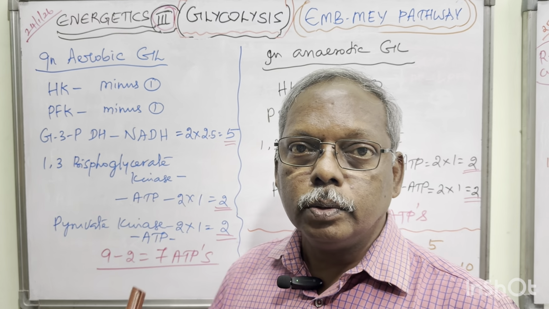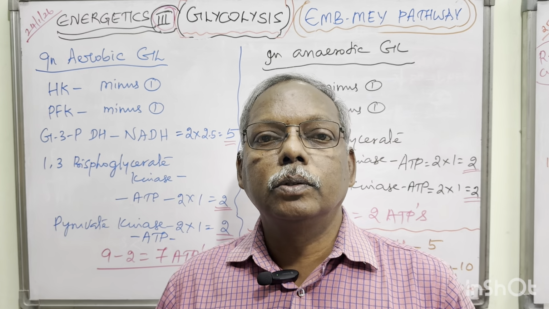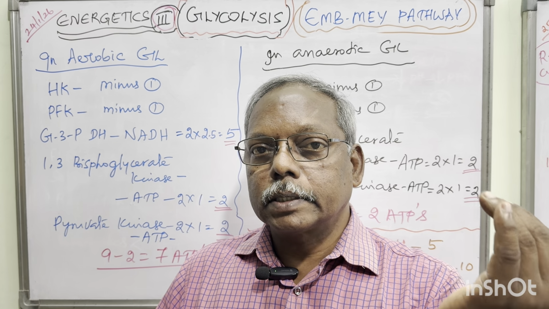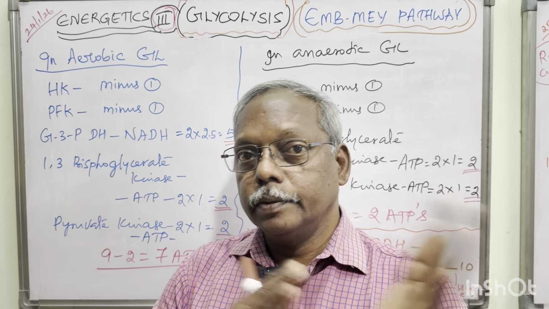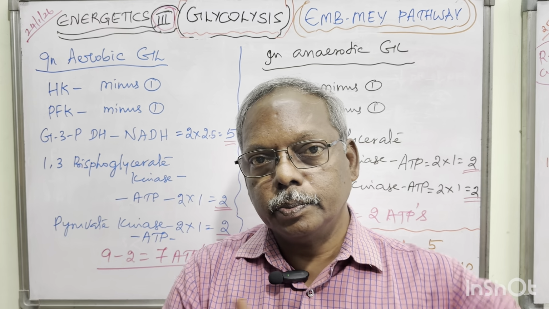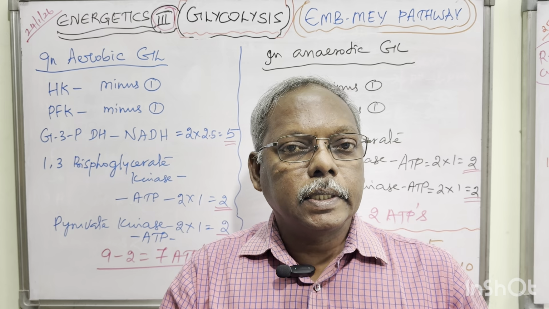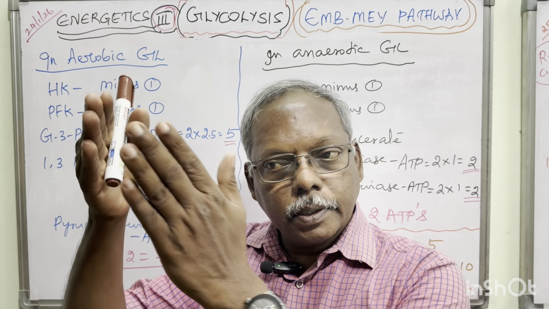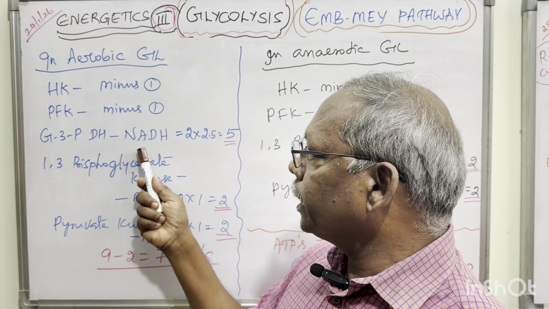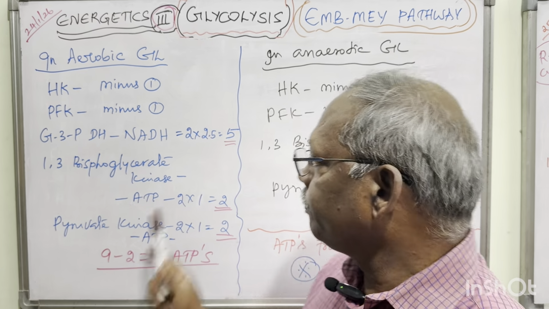Why 2, 2, 2? After the fifth step, you are getting 2 pathways, that is glyceraldehyde phosphate is converted, reversibly, into dihydroxyacetone phosphate and glyceraldehyde 3-phosphate. So glyceraldehyde phosphate produces 1 pyruvate, dihydroxyacetone phosphate produces 1 pyruvate. That is why 2 NADH, 2 ATP and 2 ATP in pyruvate kinase.